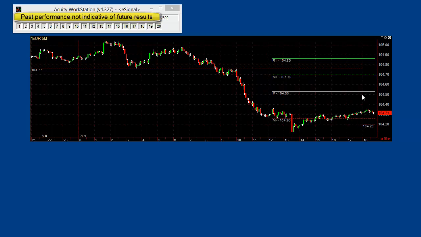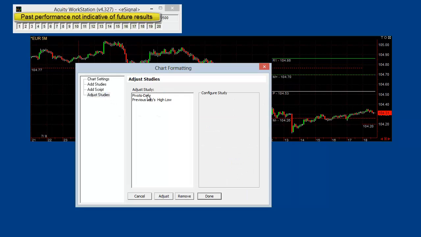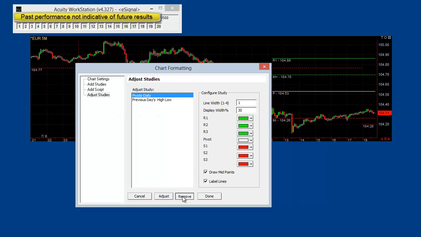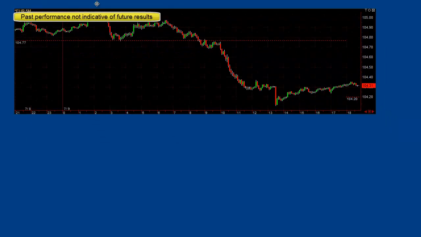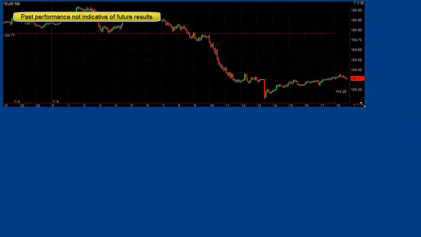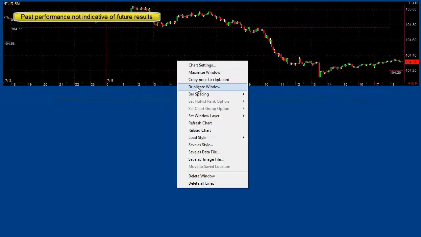And obviously it's a new day now. At 6 o'clock there's a new day, so the pivots are adjusted for that. So let me take those off. You don't need the pivots. But basically, by looking at individual currencies, you can identify their trend and very quickly know what direction to trade.